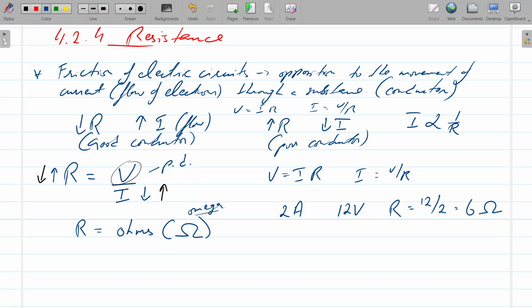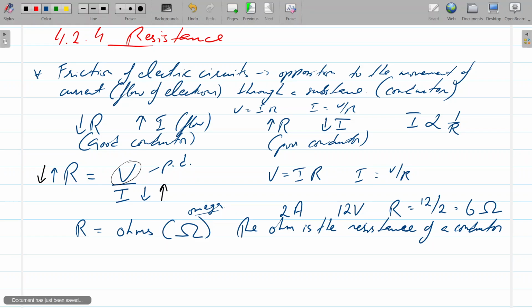So the ohm is the resistance of a conductor in which the current is 1 ampere when a voltage of 1 volt is applied across it.